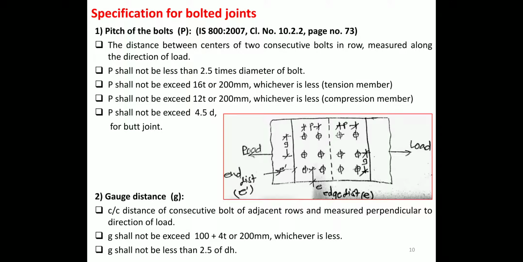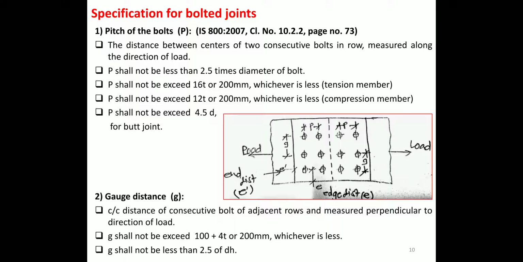Next is specification for bolted joints. For design of a bolted connection, some criteria are needed as per IS 800:2007. The first criterion is the pitch of the bolt, designated by capital P, as per IS 800:2007 clause number 10.2.2, page number 73.